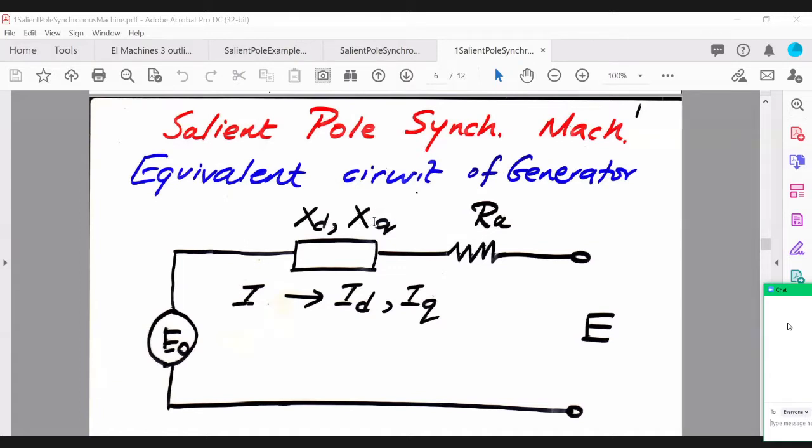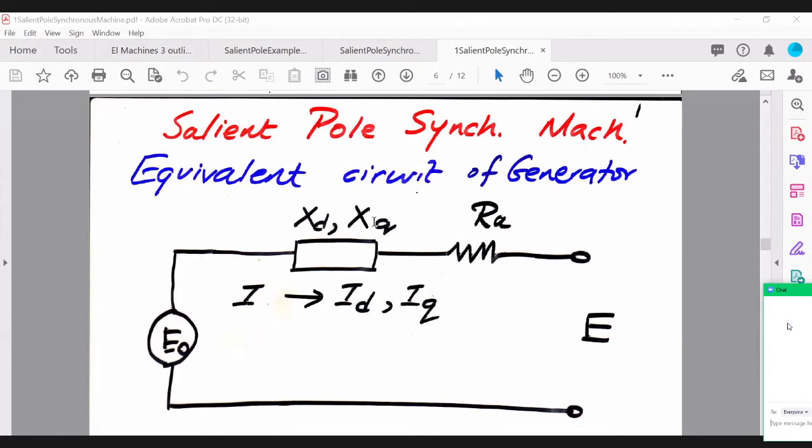The reasons are fundamental: the structure of the machine means the flux distribution is different, and you get a different armature reaction based on the reluctance of the flux path at the rotor position.